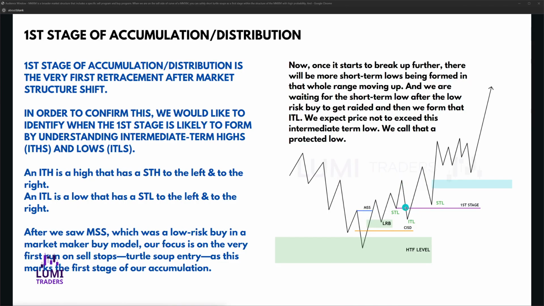This means once we got this move down below the short-term low and then a reversal, a reaction up from this short-term low, I want to consider it here as a turtle soup entry. And once we got a reaction with the next retracement down and failure to run below this intermediate term low, we got a short-term low on the right side, and this intermediate term low right now is the protected low.